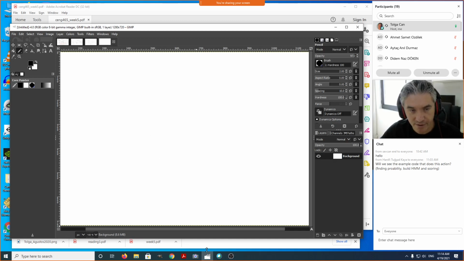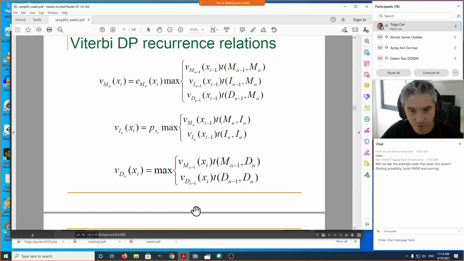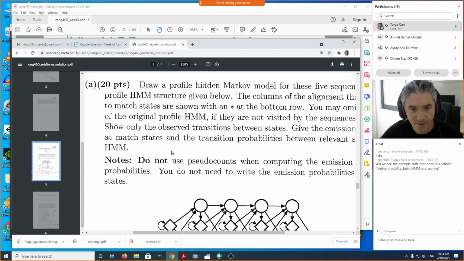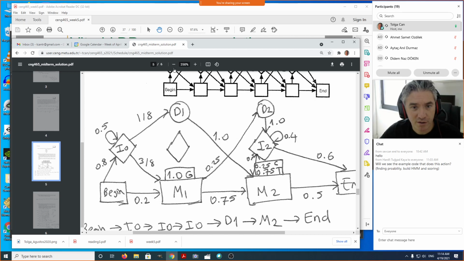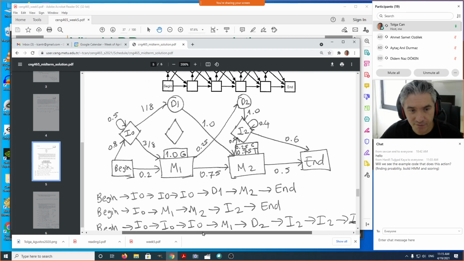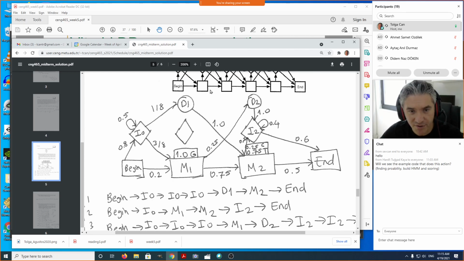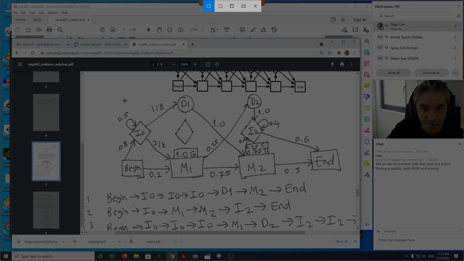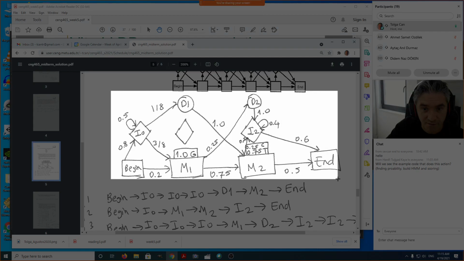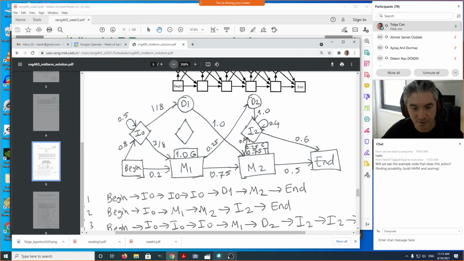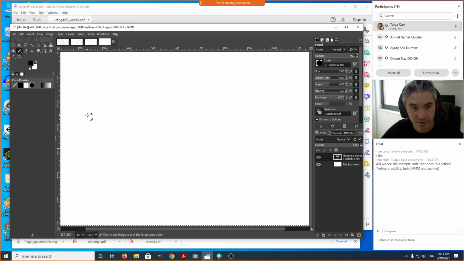So we need to get ourselves our model. I'm going to copy it from here. All right, the solution that I had done is actually the same thing. If you look at this model, it's exactly the same thing we had done on GIMP, but since I have written a lot of things on GIMP, I'm just going to copy the one which is here.